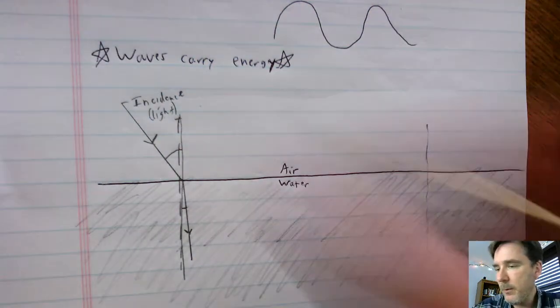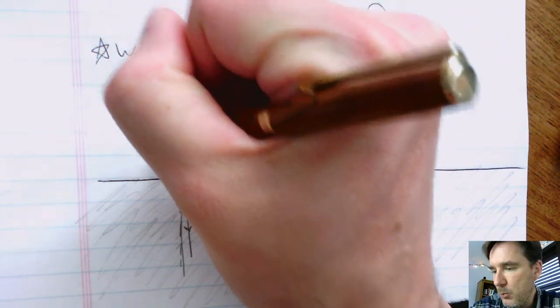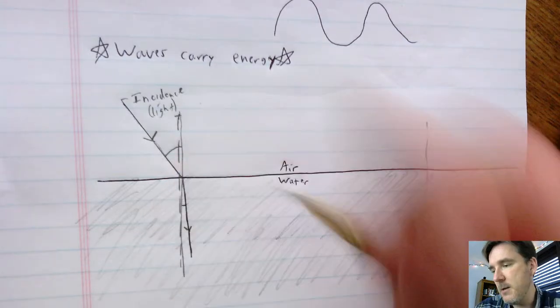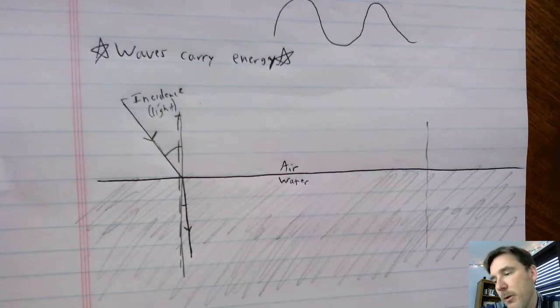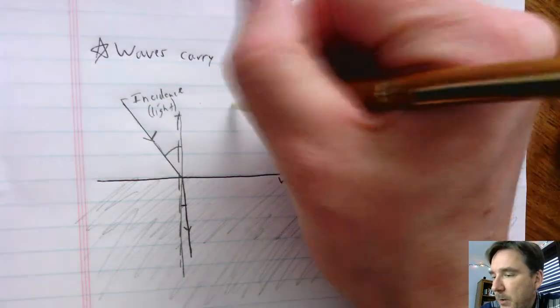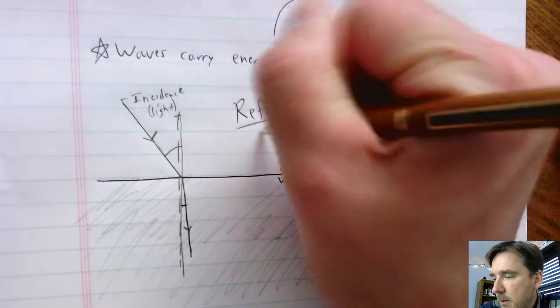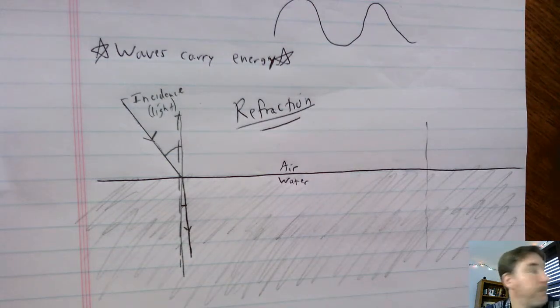So the light ray comes in, it hits the water, and then it bends toward that normal line. So it bends inward, and that's the idea. That's the whole point. That's refraction. Refraction is the bending of light.